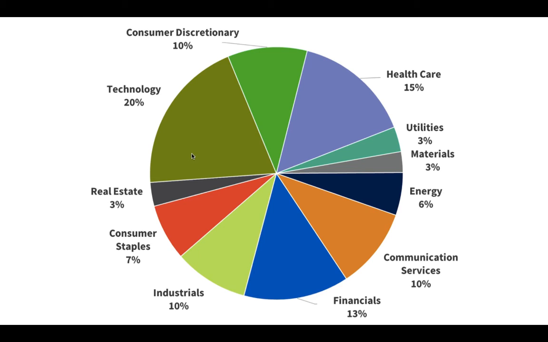So if the average in technology is around 40, and the average in consumer staples, I'm not sure what it is, but I'm guessing it's probably around 15, if you saw 40 and 15, you'd be freaking out. But no, technology on average is higher, healthcare is higher, consumer staples is lower. So the message here is you have to look at everything in context with its competition, with the other participants, if you will, of the sector.